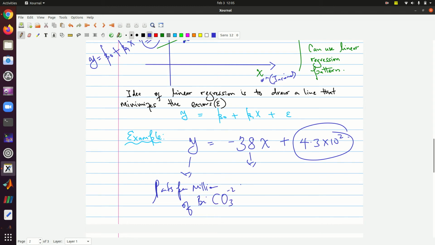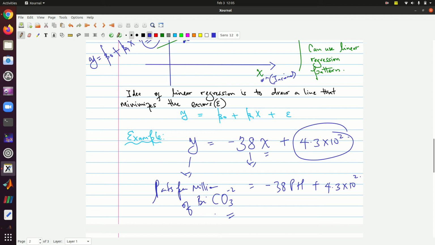I'm not so sure, is that the carbonate? Oh, I've forgotten my symbols here. If I wrote it badly, please pardon me. I don't think I remember my chemistry that well. So this is negative 38 times x, where x was the pH, and then plus 4.3 times 10 to the power 2.